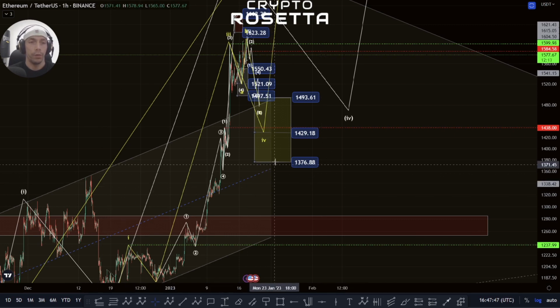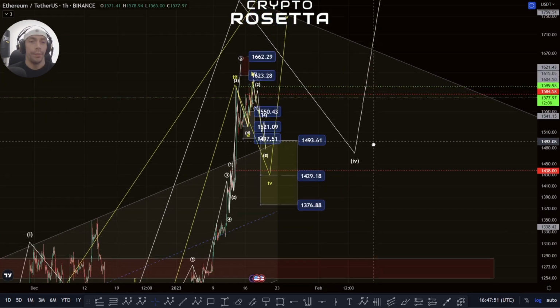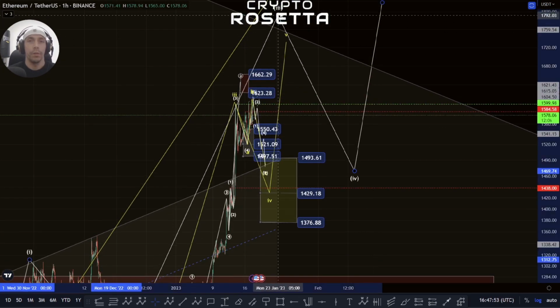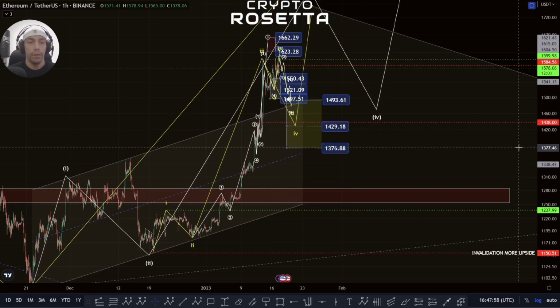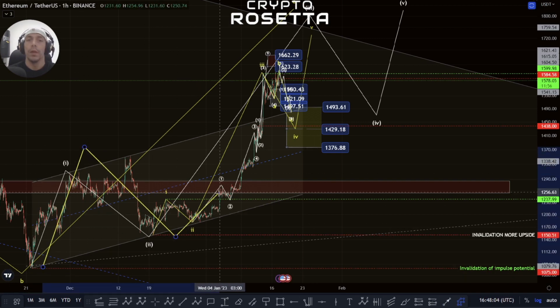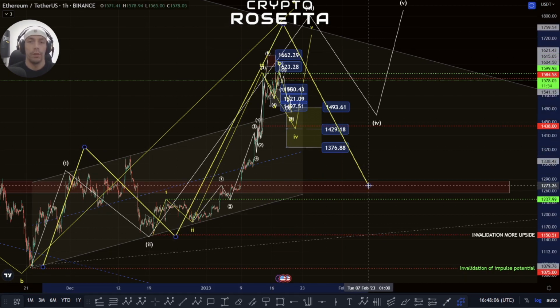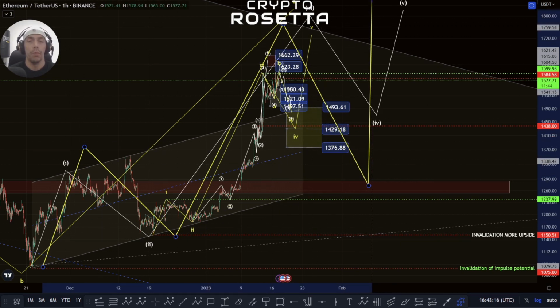And if we do start to break down that low, it becomes less likely that we're going to actually play out within this five wave structure, unless this whole structure would become something else, where this becomes a 1 and a 2, then this actually becomes a 1 and a 2, and then we're looking for a much bigger structure to the upside. So we need to just bear that in mind if we do get a deeper retracement here. That it could actually be setting up for a bigger move to the upside.